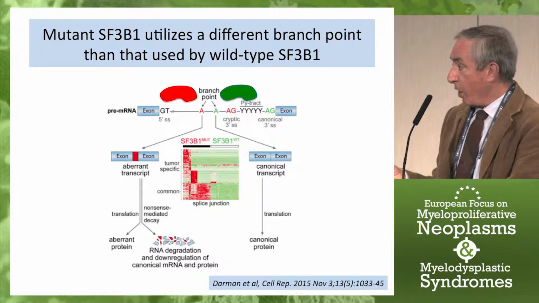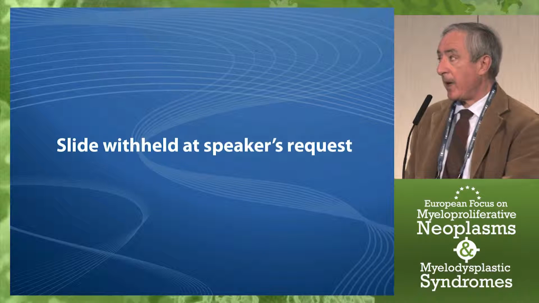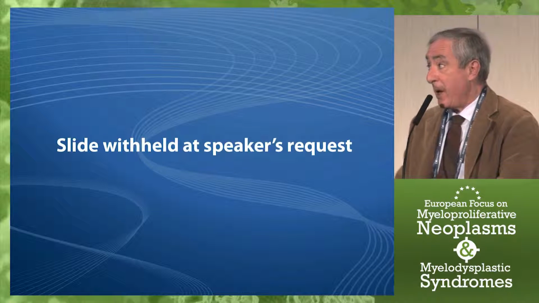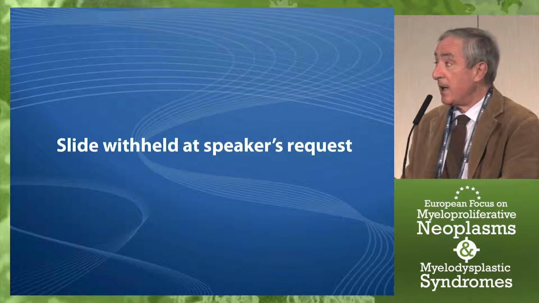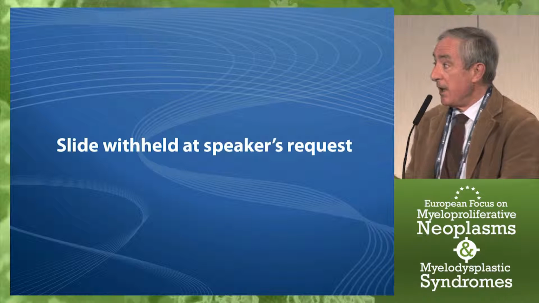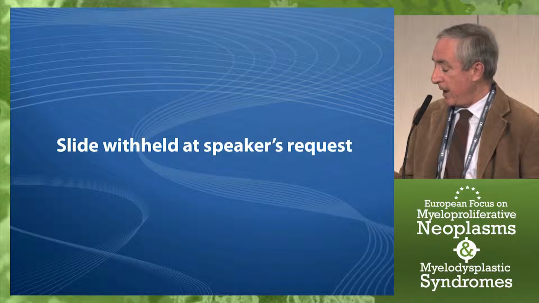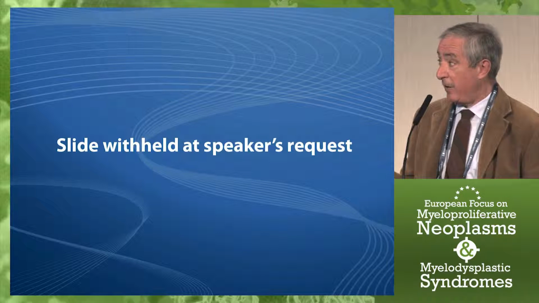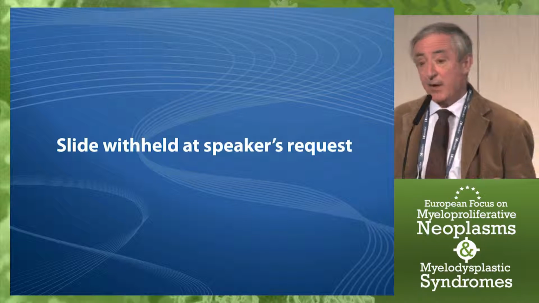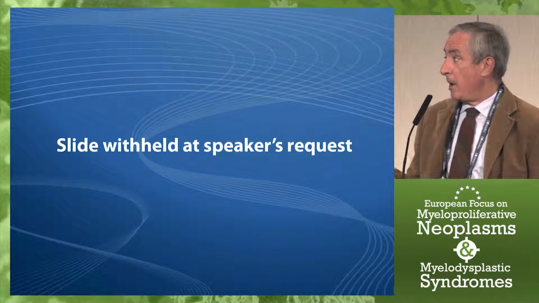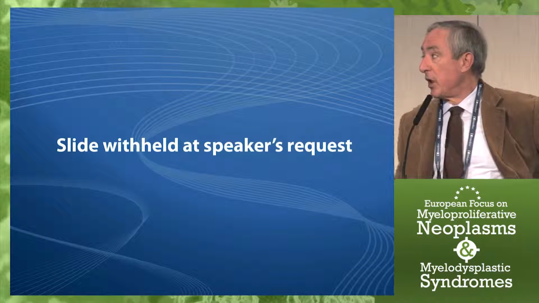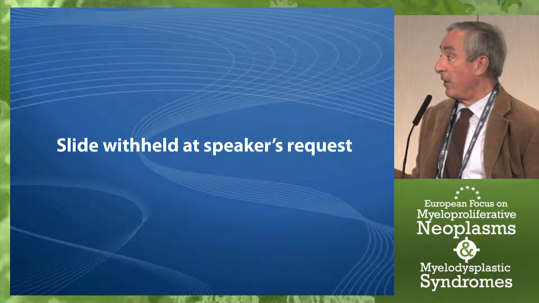So what happens in an MDS with mutant SF3B1 is that there is only one somatic mutation at DNA level, but several functional mutations at RNA level.